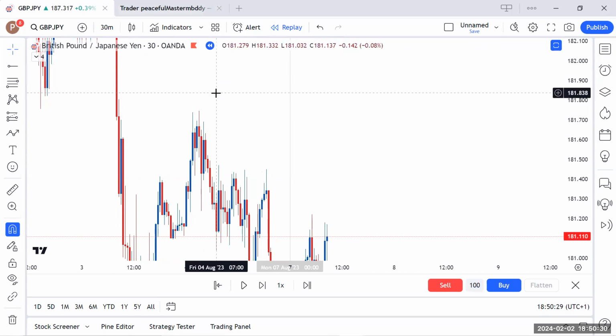Whenever we see wicks to the upside, it is validation that there is liquidity at a higher level. When there are wicks to the downside, it means that there is demand at a lower price point. So these wicks are validation that price is going to continue to the upside.